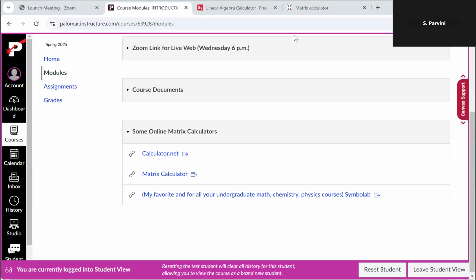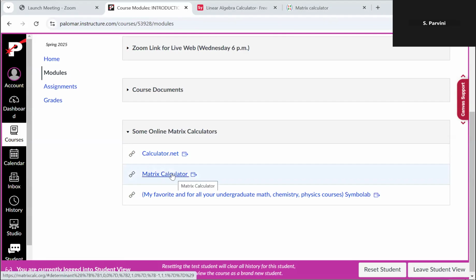Let's go to Canvas. Now in Canvas, by the way, folks, remember I have these online matrix calculators. This is SymbolLab. The one in the middle is Matrix Calculator.